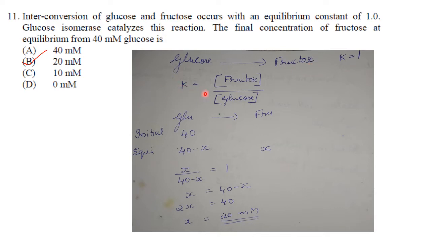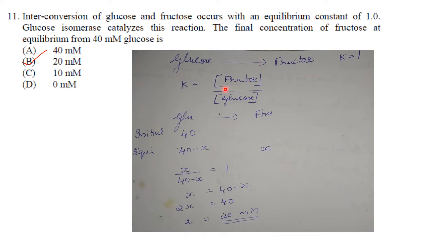Equilibrium constant is given by concentration of fructose over concentration of glucose. Now that is equal to 1. Initially there were 40 millimoles of glucose. So at equilibrium x millimoles of fructose will be present and 40 minus x millimoles of glucose would have been utilized.